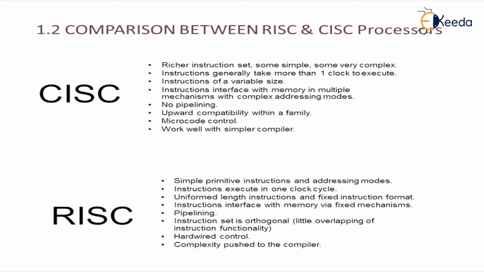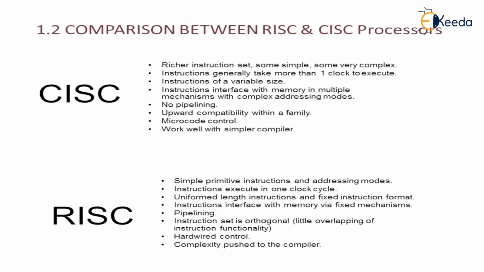Instructions interface with memory with a fixed mechanism. Here pipelining was used because of the fixed instruction format, and secondly, the time was reduced to one clock cycle. The instruction set is orthogonal, like overlapping of instruction functionality.